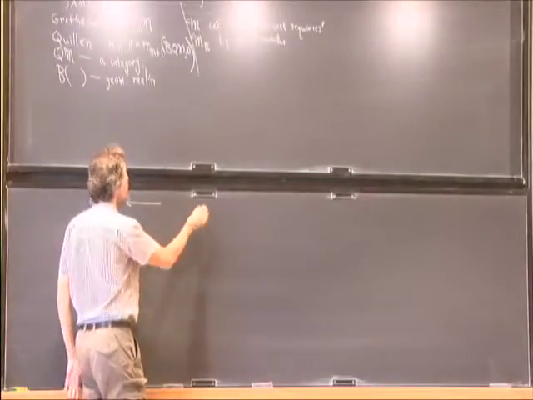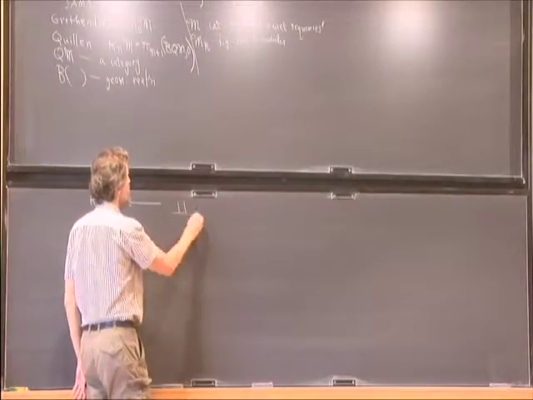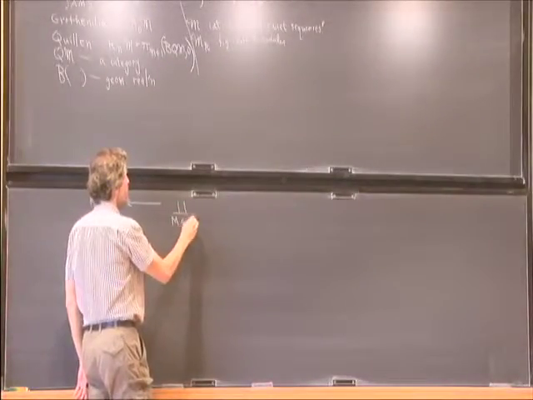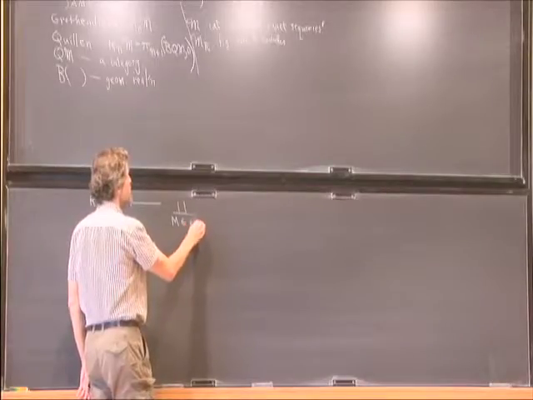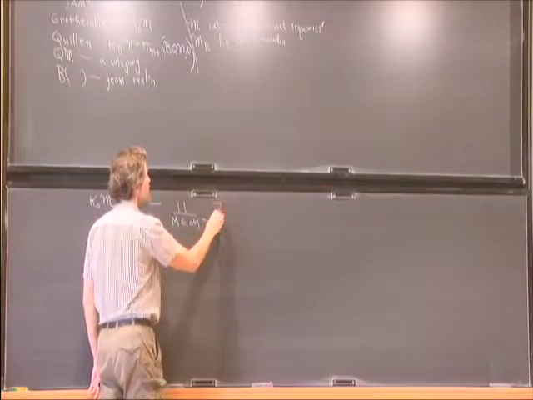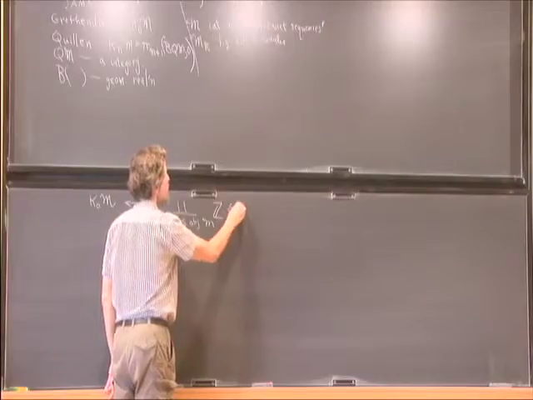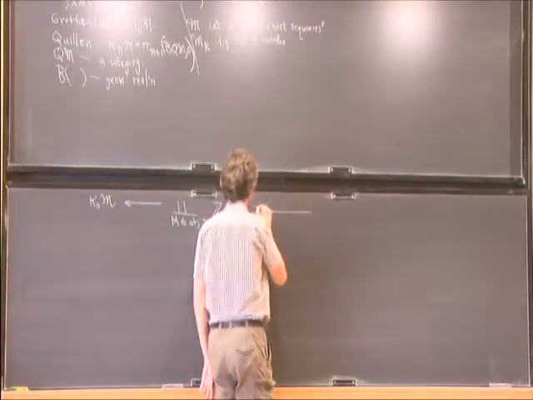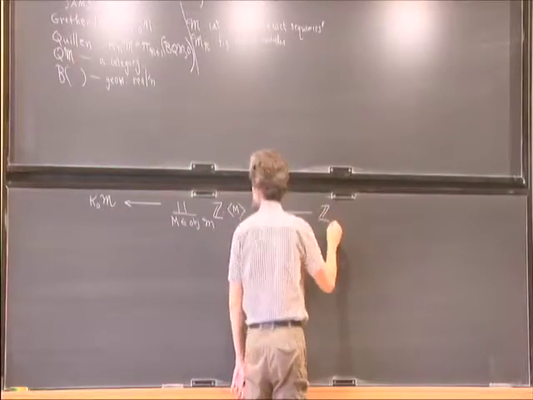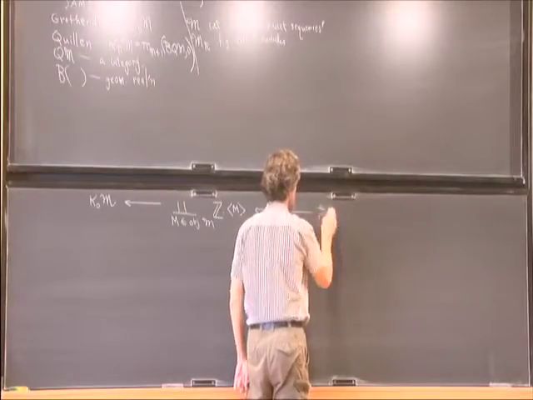So it's a cokernel of a homomorphism of free groups. Let's take the free abelian group on the objects of M. And let's take the free abelian group on the short exact sequences of M.